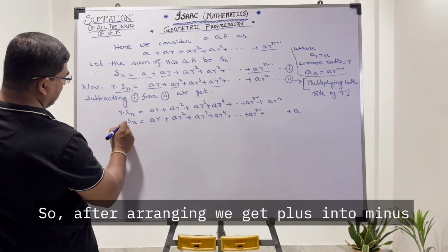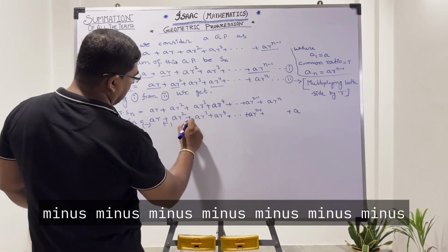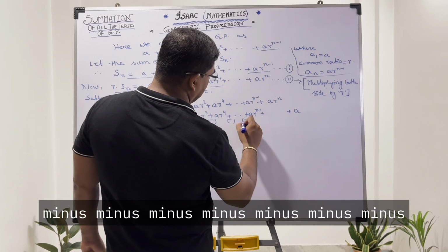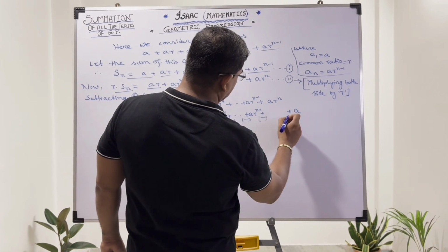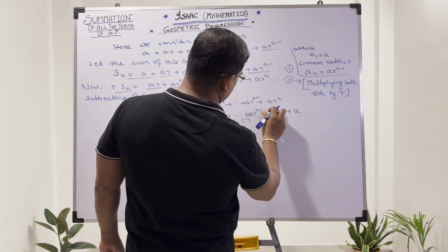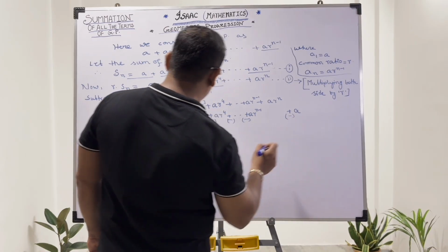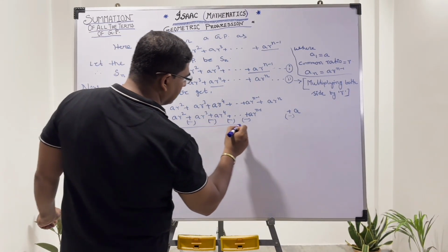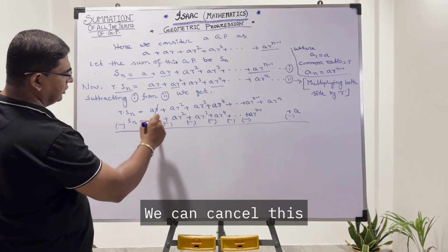So after arranging, the like terms cancel, there is no term, and we can cancel this.